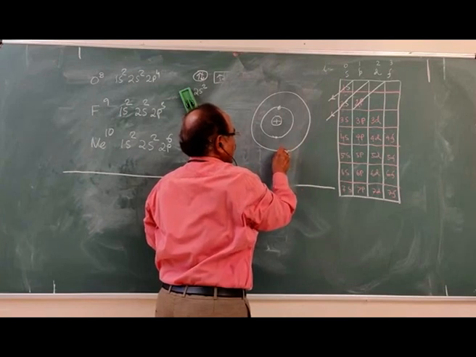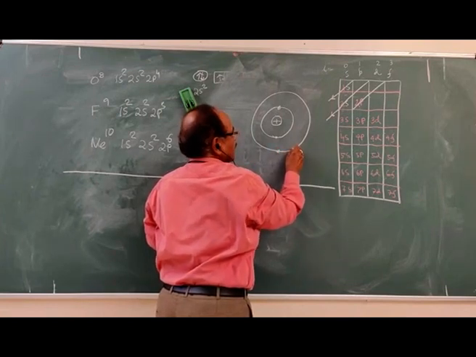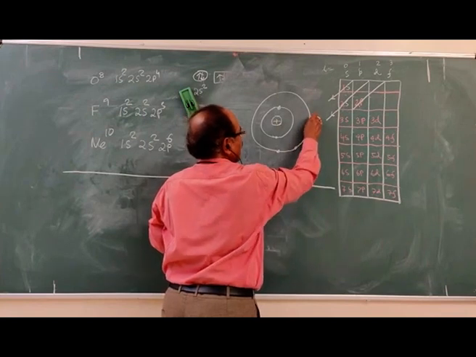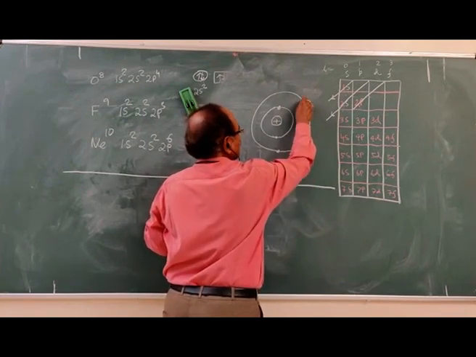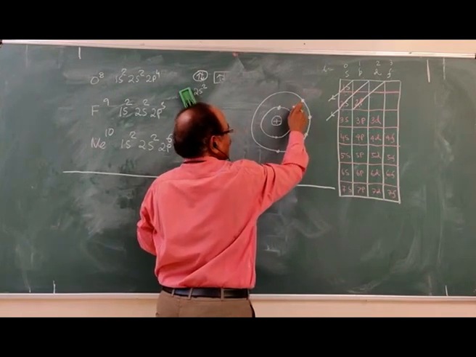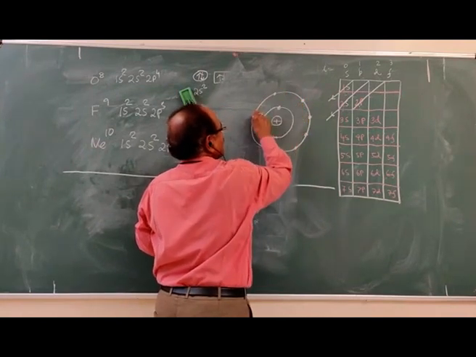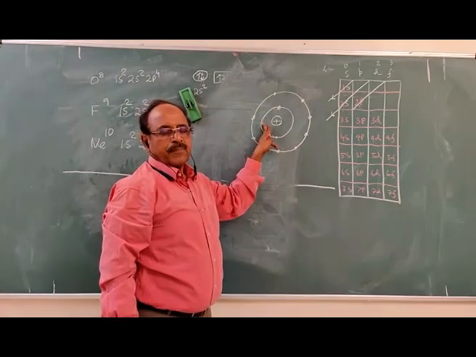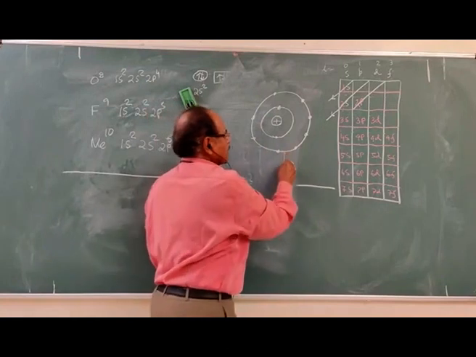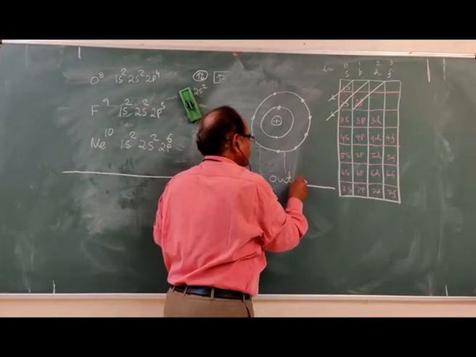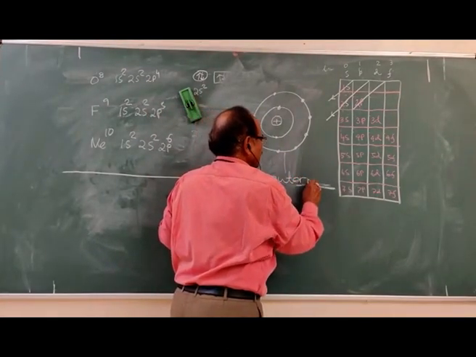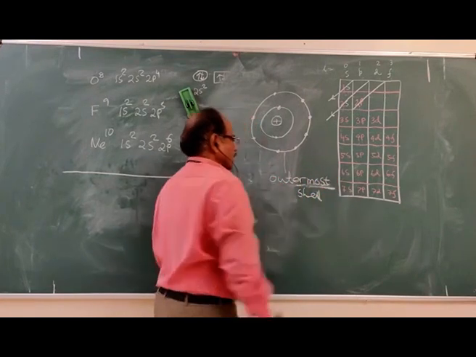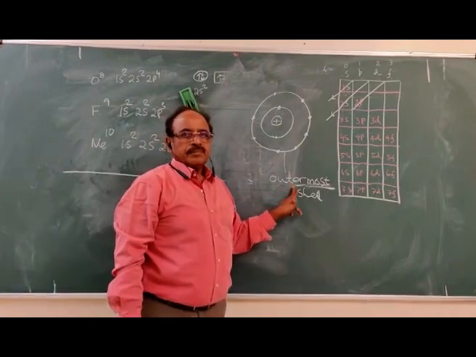We start with lithium, 2s1, beryllium, 2s2, boron, 2s2, 2p1, carbon, 2s2, 2p2, nitrogen, 2p3, then oxygen, then fluorine, then neon. Now the second cell is completed. This cell is called the outermost cell. The cell to which the electron is filled up last is always called the outermost cell.